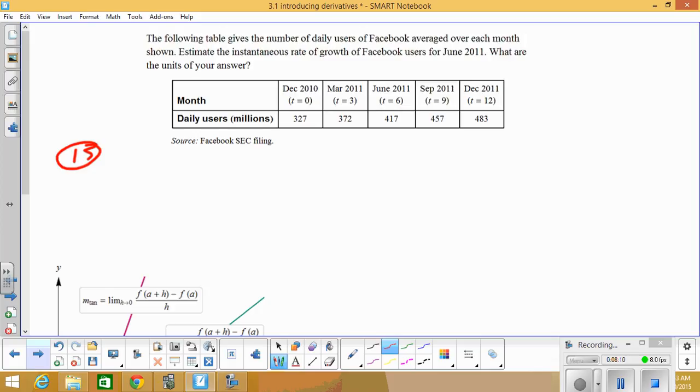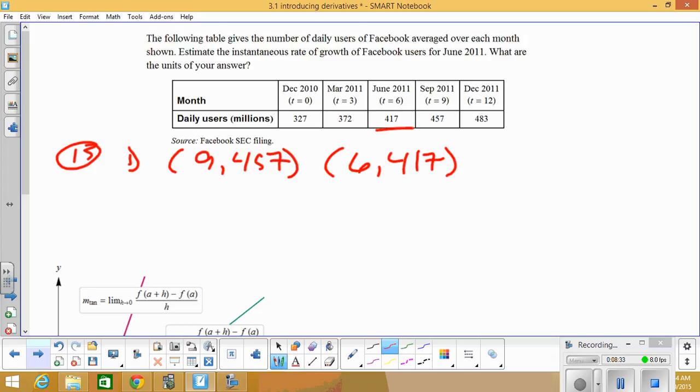So what I want to do, there's 3 ways they said. So 1, I'm going to go ahead and use September, which would be 9 and 457. And I'm going to use an endpoint on the immediate side of it to this side, which would be the point 6, 417. And I'm going to go ahead and find slope.